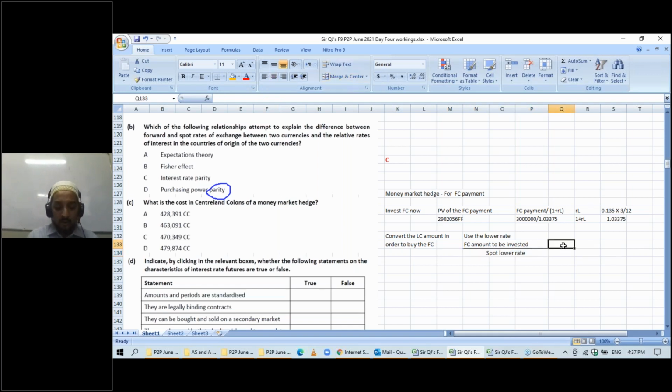Okay. So dividing 2,902,056 by the spot rate, which is 6.170, the lower spot rate. This gives you the amount of local currency which you will need to buy the foreign currency, which is equal to 470,349.